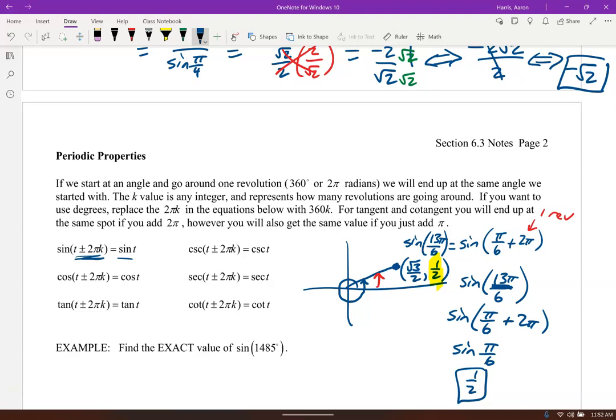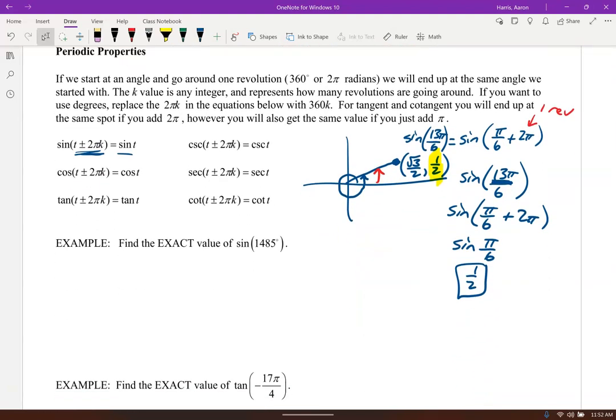Okay. So that's what the periodic properties are saying. So let's do another one here. Sine of 1485. So I'm like, oh gosh, that's more than 360 degrees. How much more? Well, what's 1485 minus 360? That's the same as 1 time around plus 1125.